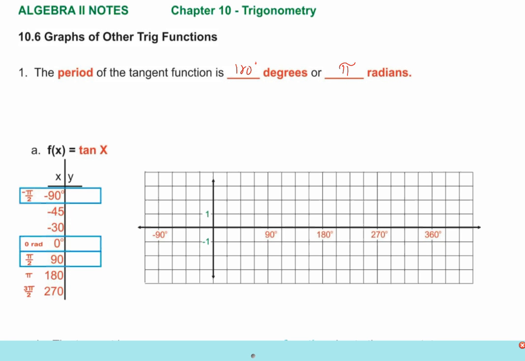So grab your calculators out. Let's punch in a few values. To show the tangent, we start at negative 90 instead of 0, and you'll see why in a minute. Punch in negative 90, hit your tangent button. Most calculators say error or syntax error.